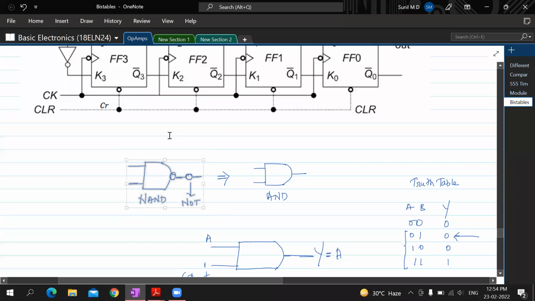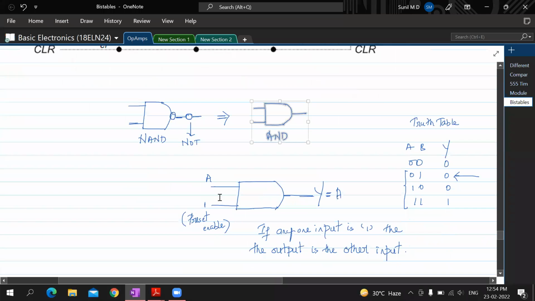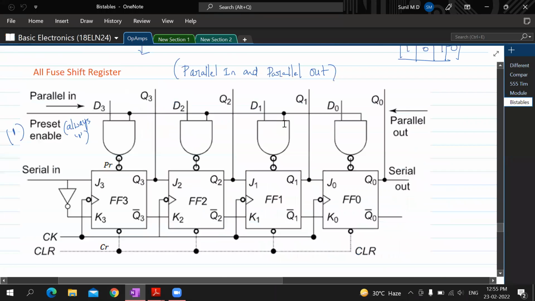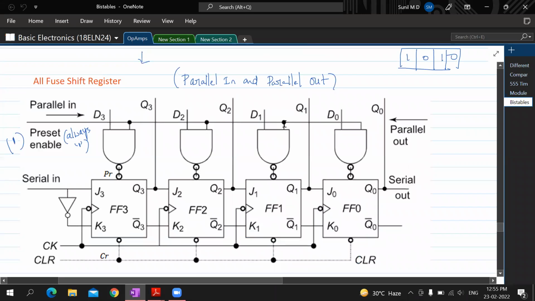NAND and NOT together is as good as having the functionality of an AND gate. And the AND gate functionality is what? If one of the inputs is high, the output is always the other input. That is what is important to understand here.